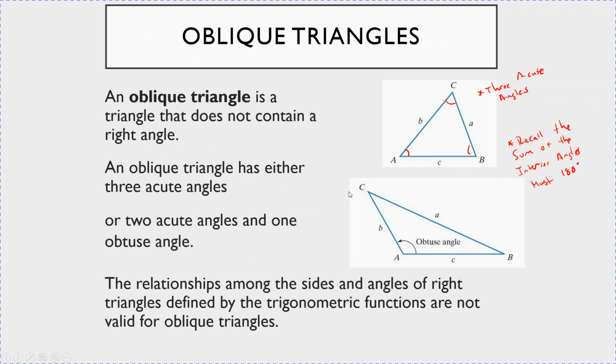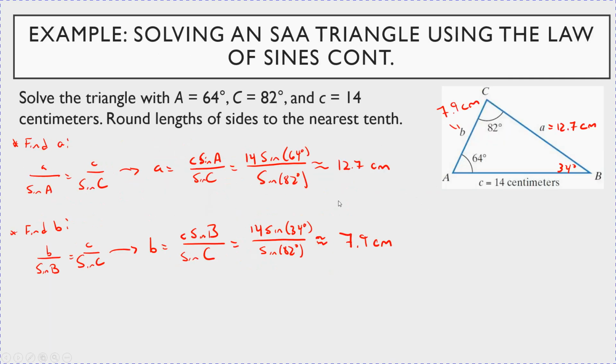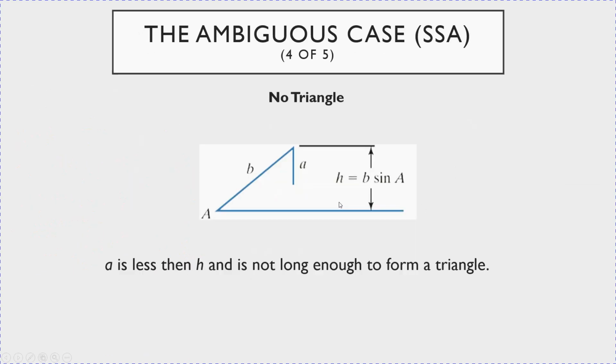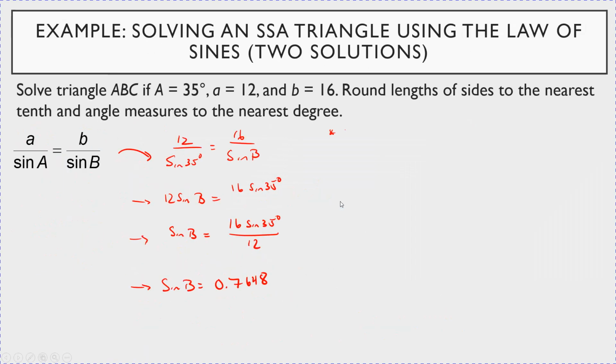This is where it's difficult: sine of B is equal to 0.7648 two times.